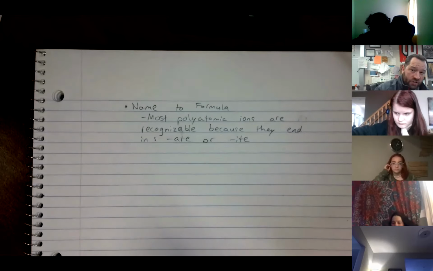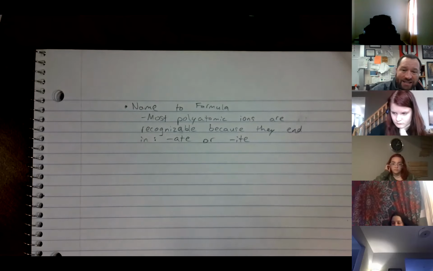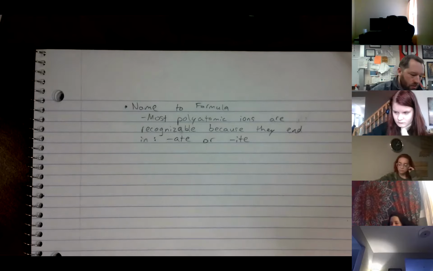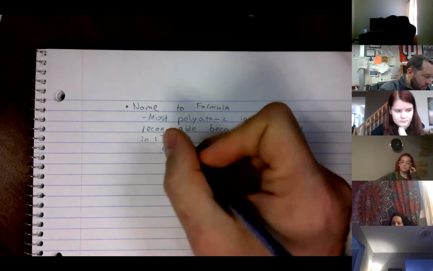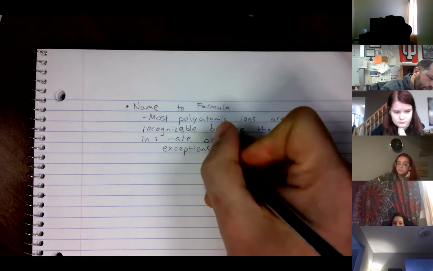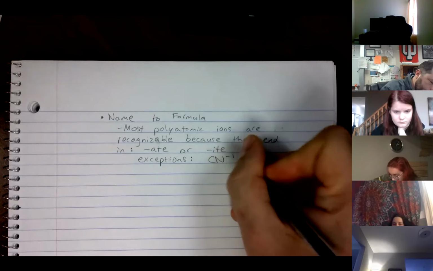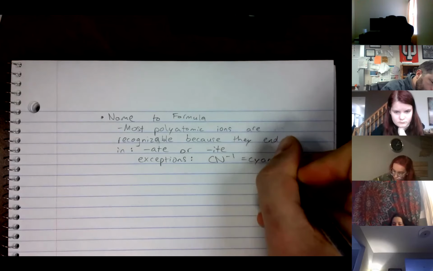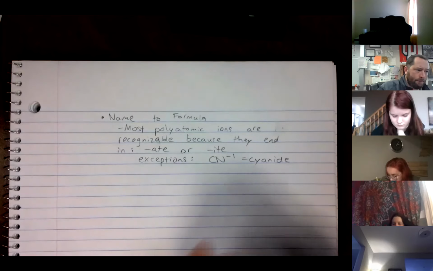There are a couple of exceptions, and these get kind of tricky because remember, on the front side of the periodic table, we always added the three letters IDE, like chloride or oxide. Well, unfortunately, there are three polyatomic ions that also end in ide. So we have to watch out for these three. CN-1 is cyanide.